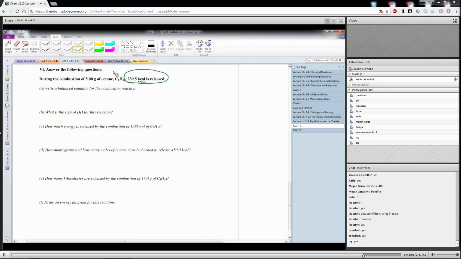So for instance, part A, this is straight out of chapter 5, write a balanced equation for the combustion reaction. Oh, well, you know what combustion is, C8H18 plus oxygen goes to form CO2 plus water. And I think if we balance it, we put 8 here and then 9 here.